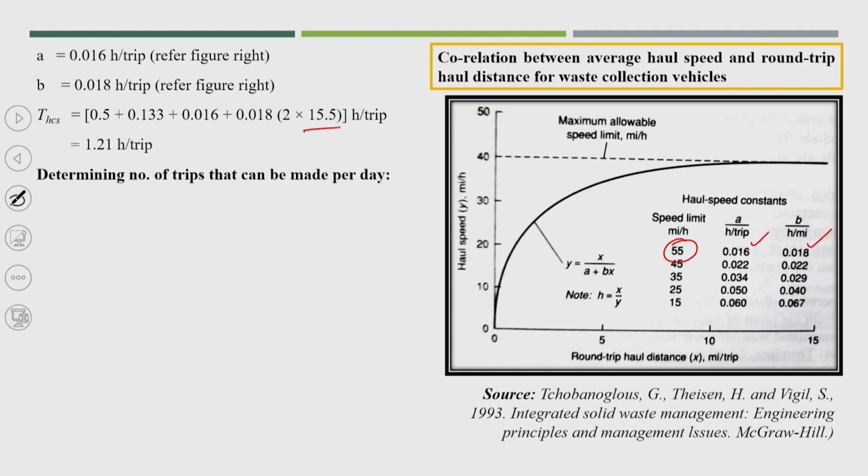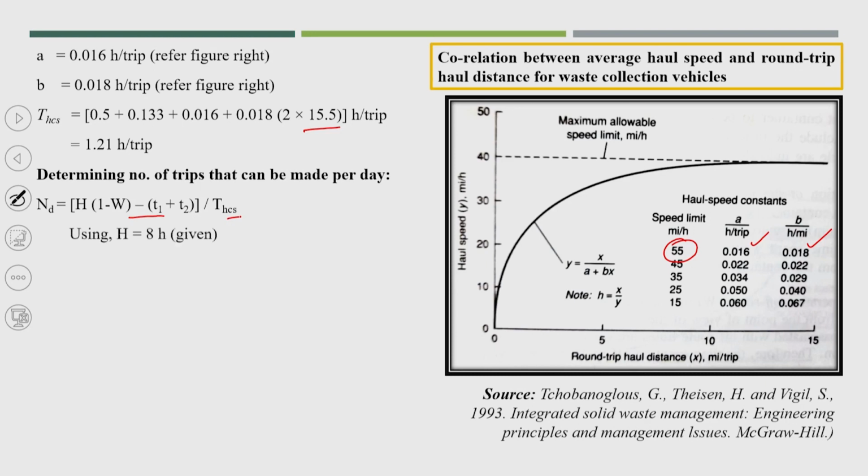Now, once we know these two values, we calculate the pickup time and the total time required. Now, we calculate the number of trips that can be made per day, that is the total time available in a day divided by the time required in a trip, that is the ND value.